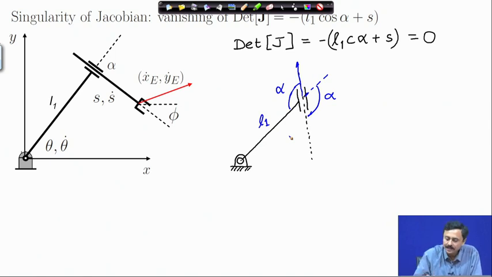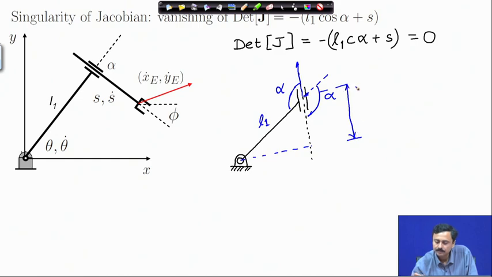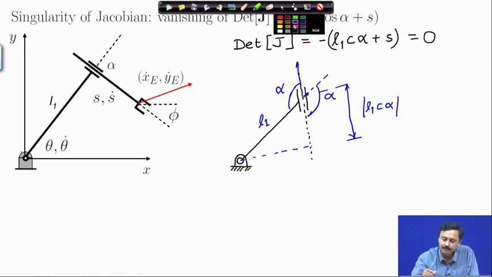So, cosine alpha is negative. So, this has negative projection, and this is the projection. This is the magnitude of it.